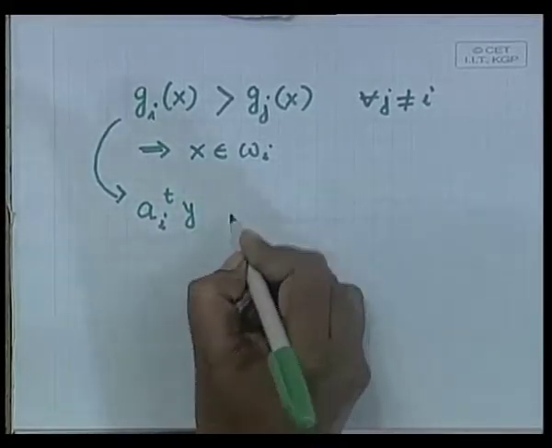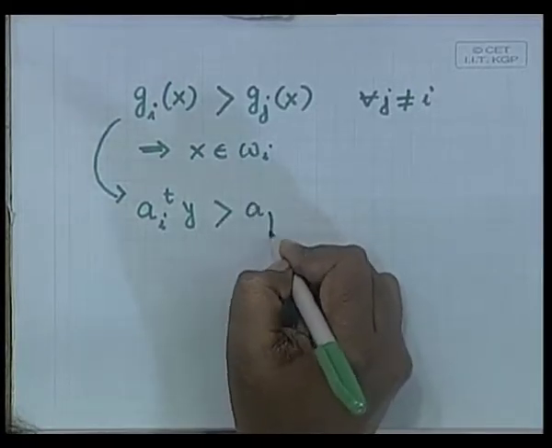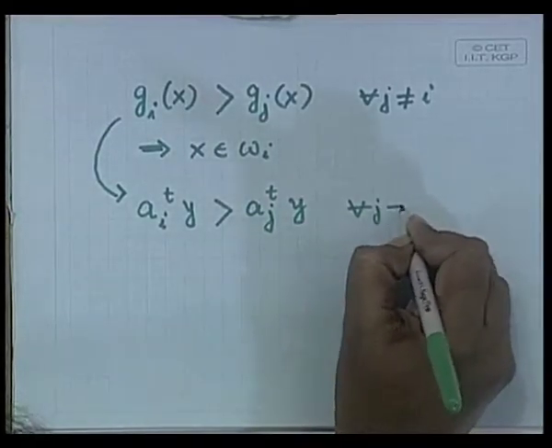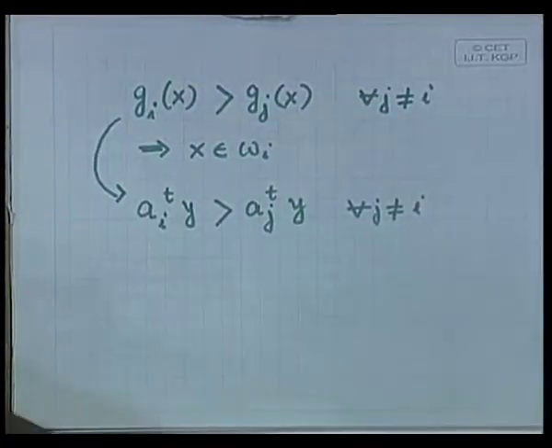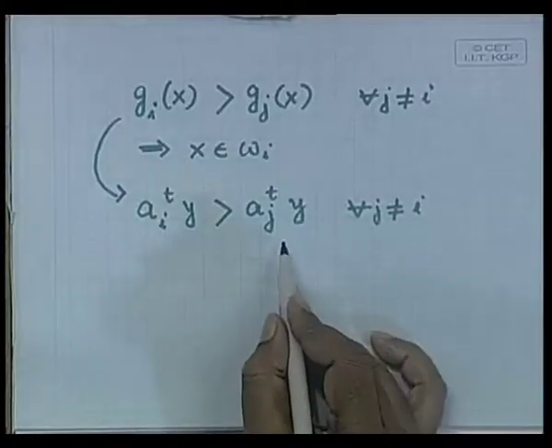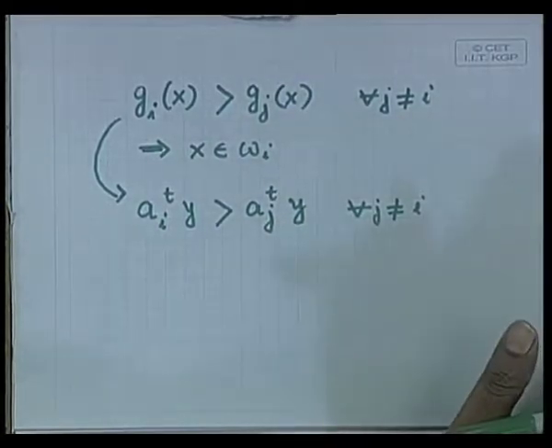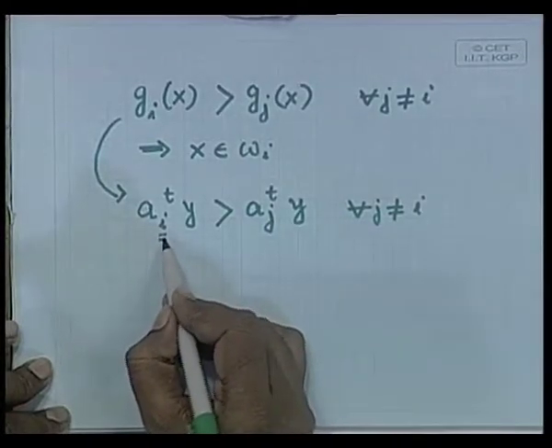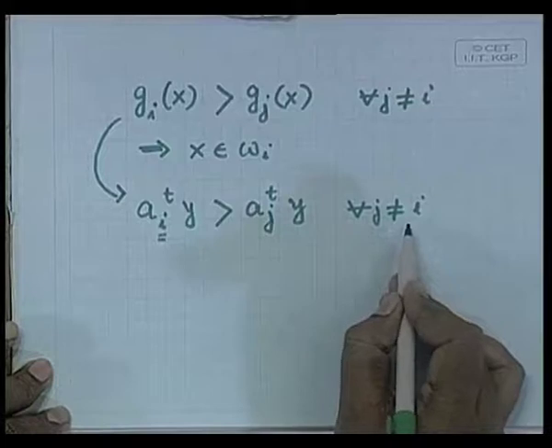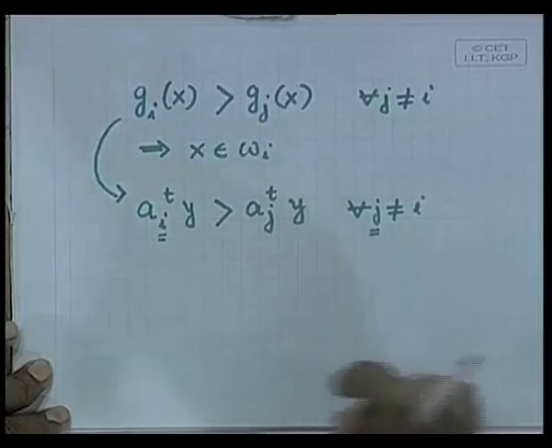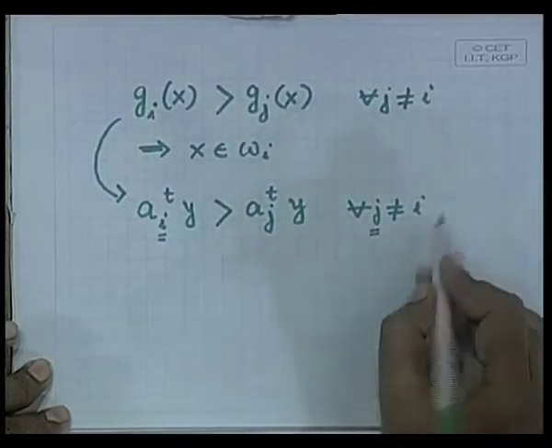So, A I transpose y is greater than A j transpose y, again for all j not equal to I. So, that is the condition that this sample x, or augmented sample y, belongs to class omega I. And since we have C number of classes, I and j can vary from 1 to C. So, for a particular value of I, j will assume every value from 1 to C except I.